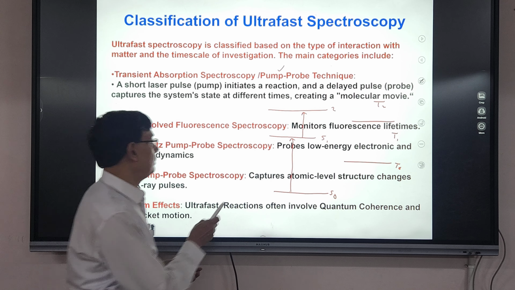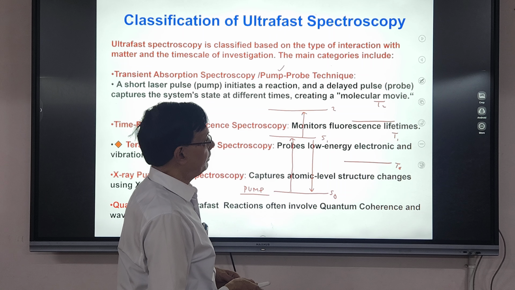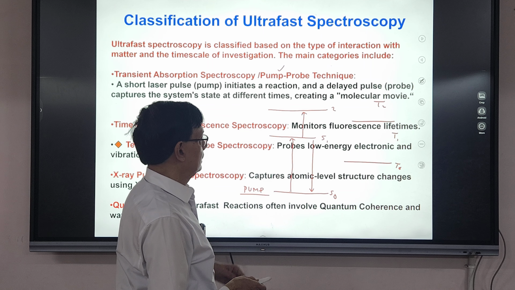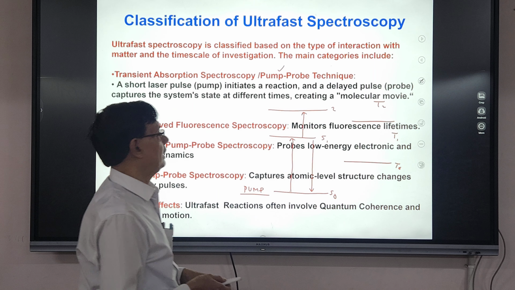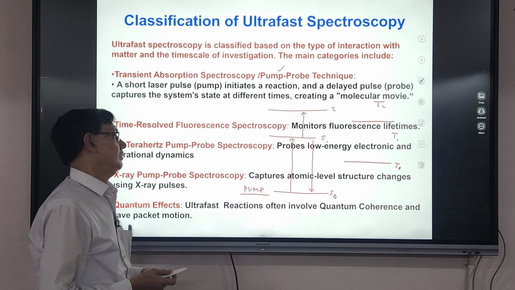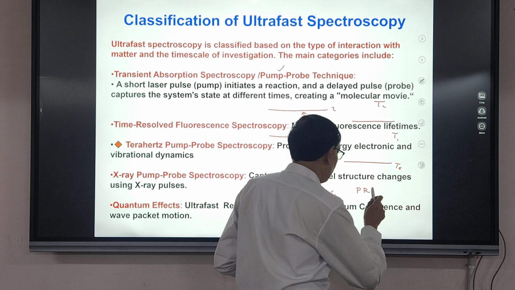Same thing here is also possible. I am not talking about fluorescence, though fluorescence is also possible. Another point is the second transition, that means the absorption in the excited state, which needs another laser called the probe.